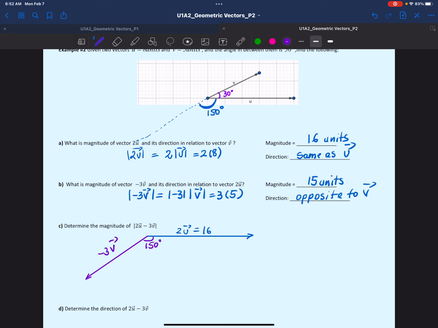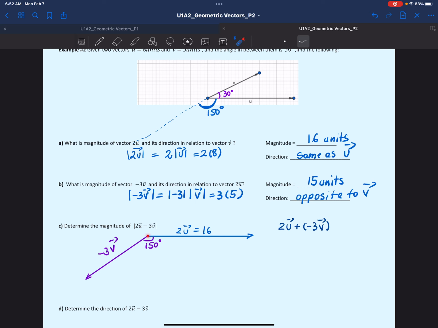Now, we have to find the magnitude of 2u minus 3v. So you can look at 2u minus 3v as the sum of vectors 2u plus negative 3v, which means that we're adding vectors 2u and negative 3v together.